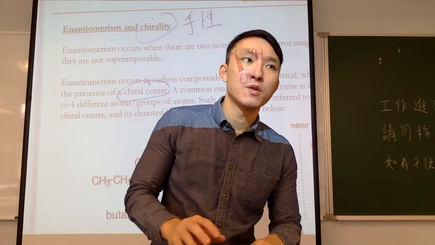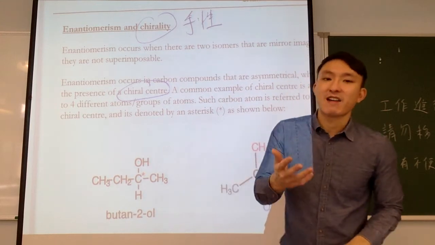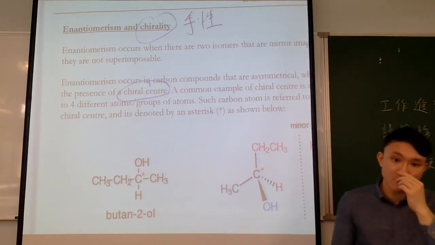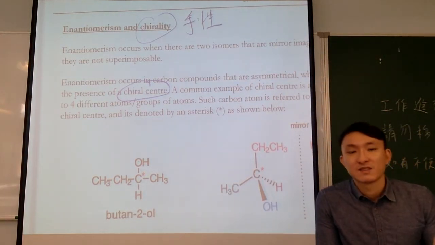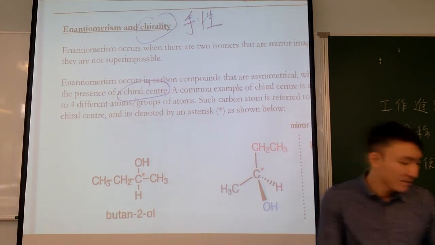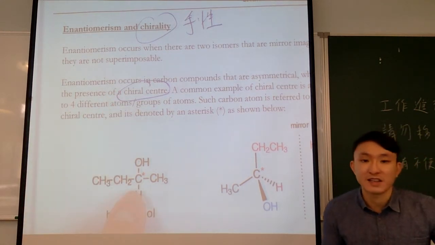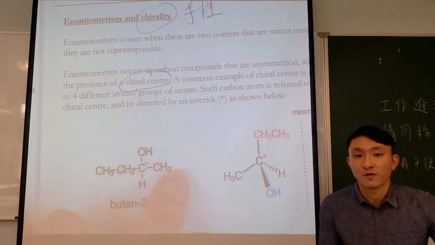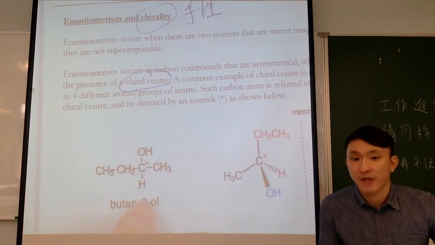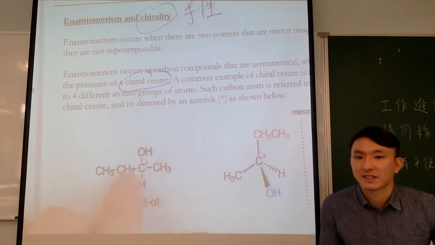So chirality, or chiral, actually means asymmetrical. So when we have a carbon with 4 different atoms or groups of atoms, then they are asymmetrical, or we can describe it as chiral.